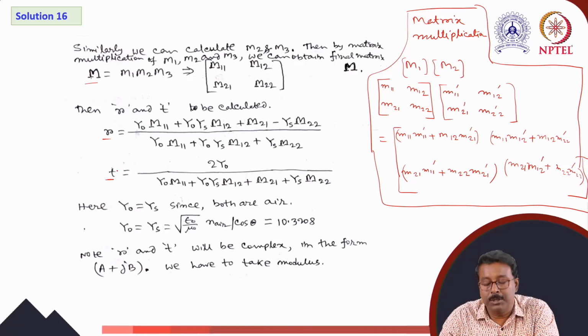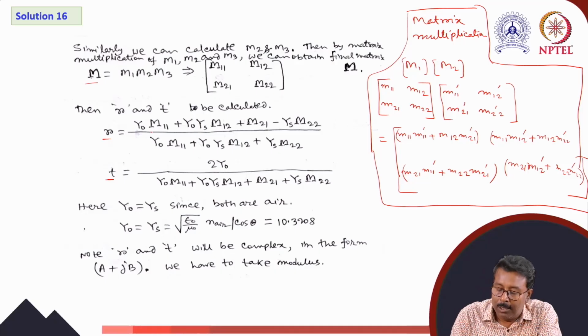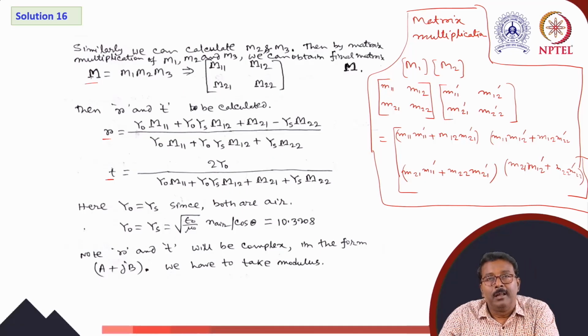and the transmission coefficient, by using the formula with y0 m11 plus y0 ys m12 and so on. Be careful, this m11 is the element of the final matrix, that's why the symbol is like this. y0 and ys are the two optical admittances of the top layer, that is AR, and ys is also AR in this particular example.